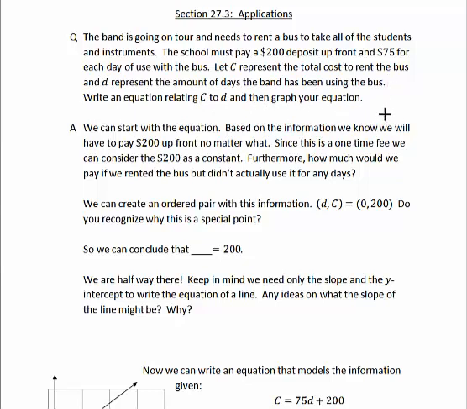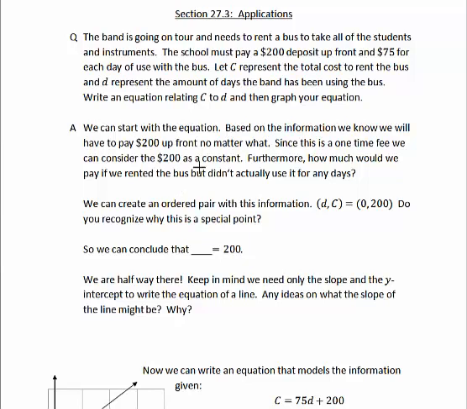Okay, and so the workbook simply walks us through an explanation. It tells us that we have to pay $200 up front. This is our flat rate fee. Okay, it doesn't depend on how many days that we use the bus.